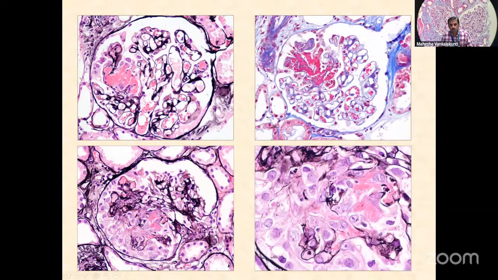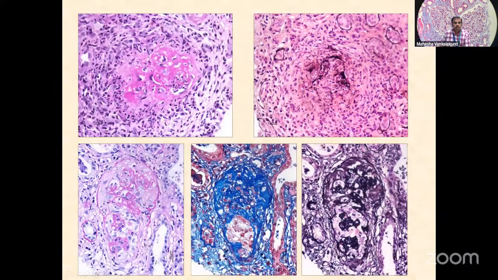So in the closest magnification or in the oil immersion, you can see that this silver stain highlights the capillary wall, and it ends up abruptly, thereby giving a look that these capillary walls are being ruptured. So in a sclerotic phase, this is how the glomerulus would look, where the entire glomerulus is being eaten up by the inflammatory reaction here.